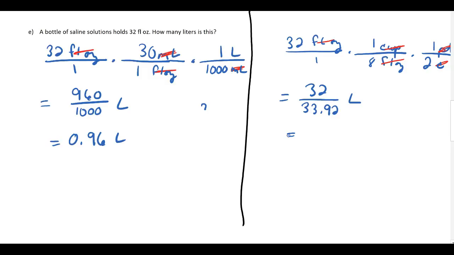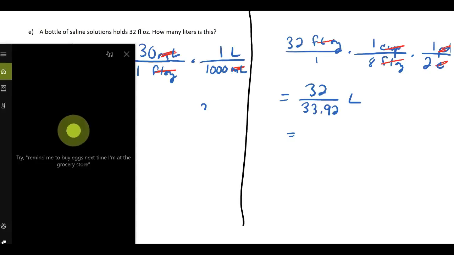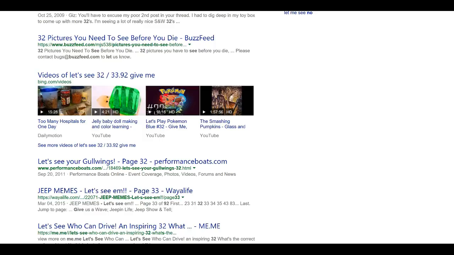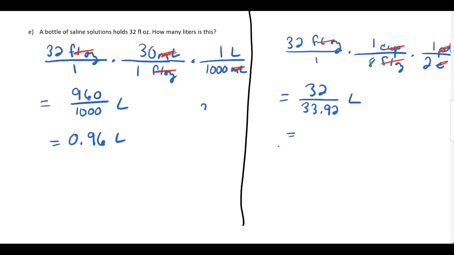So 32 divided by 33.92 gives me 0.943396 liters.